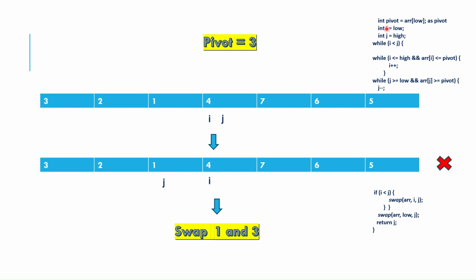You understand we have initialized the pivot, i, and high. If i is less than high, and each of the elements is less than the pivot, then we are incrementing i. Coming to j, if j is greater than or equal to low, and each of the elements is greater than the pivot element, we are decrementing it.